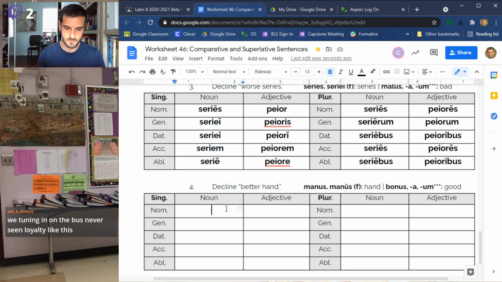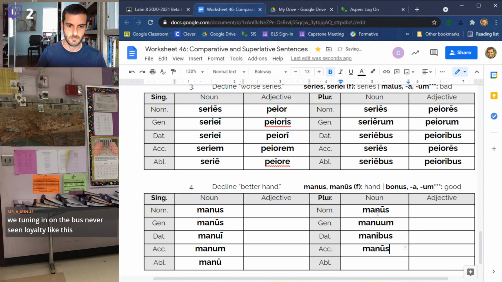Last one, hand. Manus, manus, manui, manum, manu. And for the plurals, manus, manuum, manibus, manus, and manibus. Last one for the comparatives. Bonus, the comparative of bonus, melior. M-E-L-I-O-R. Melior.